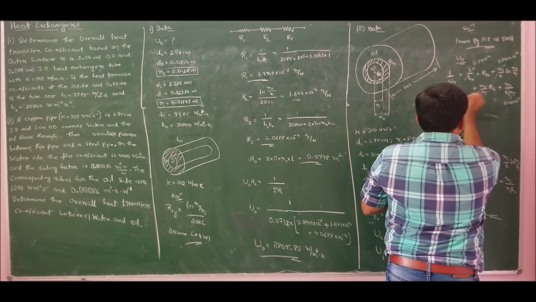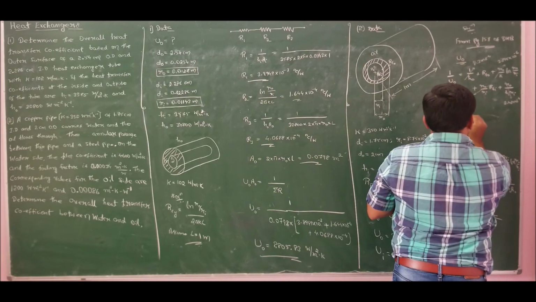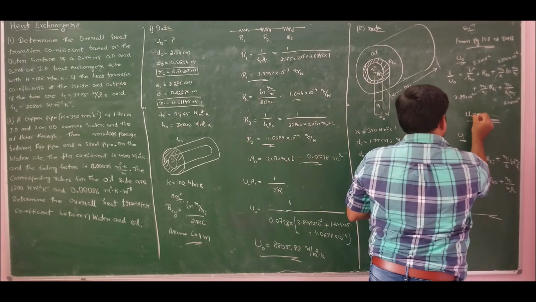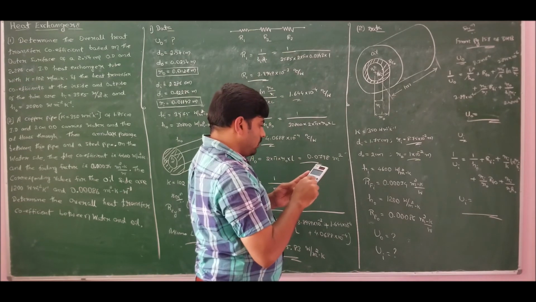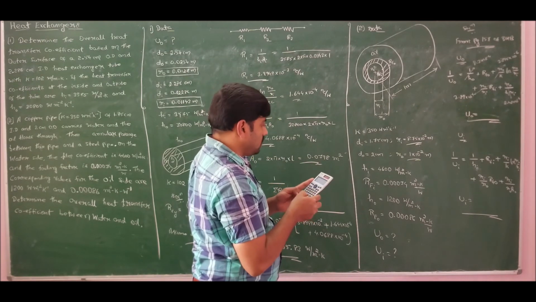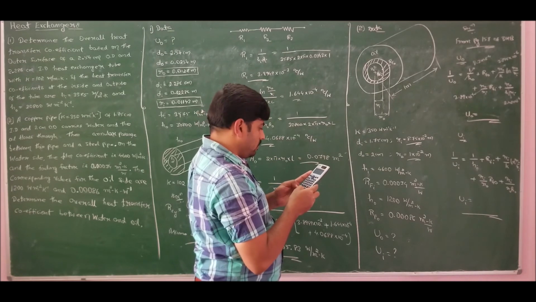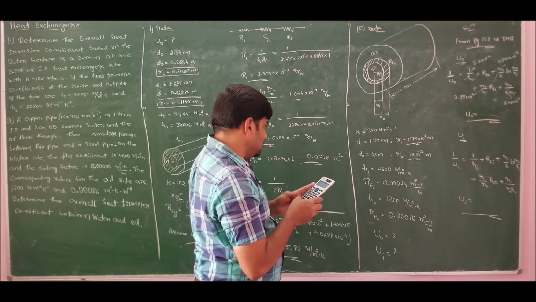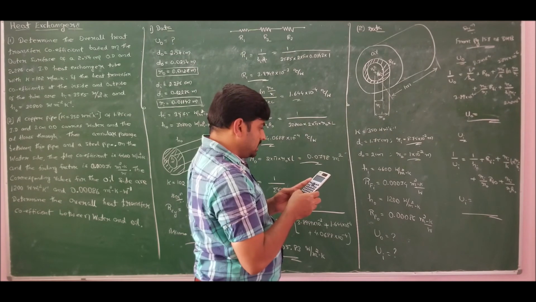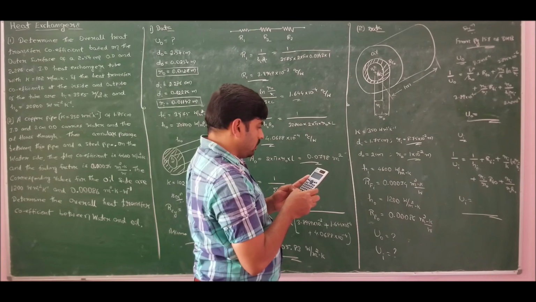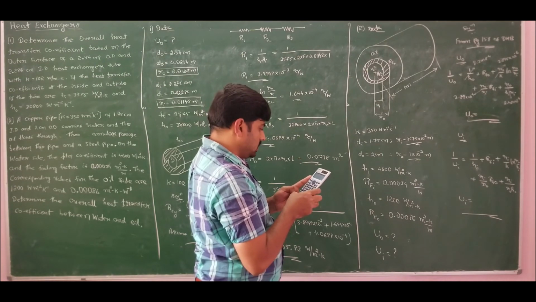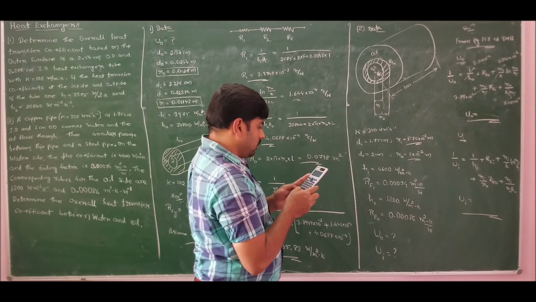So we have calculated all the values individually. Now I can solve for Uo. That is 1 over the sum of all these values: 1 over 8.3 × 10^-4 plus RFo, which is 0.00086, plus 3.815 × 10^-6 plus 3.89 × 10^-4 plus 2.48 × 10^-4.